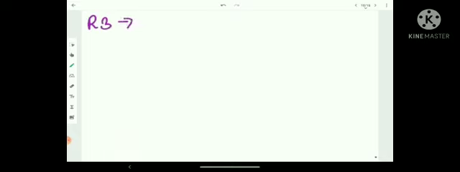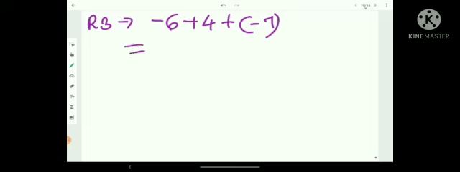Row 3, minus 6 plus 4 plus minus 7 is equal to minus 6 plus 4 minus 7. So these two are same, so we can first do that. 7 minus 7 plus, so minus minus plus 7 6 are 13. 7 plus 6 is 13.